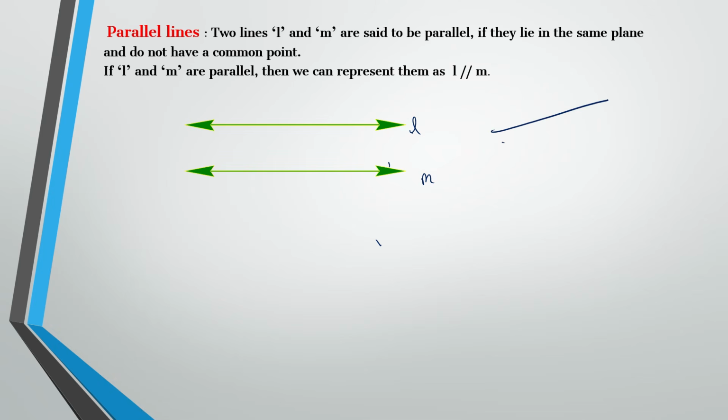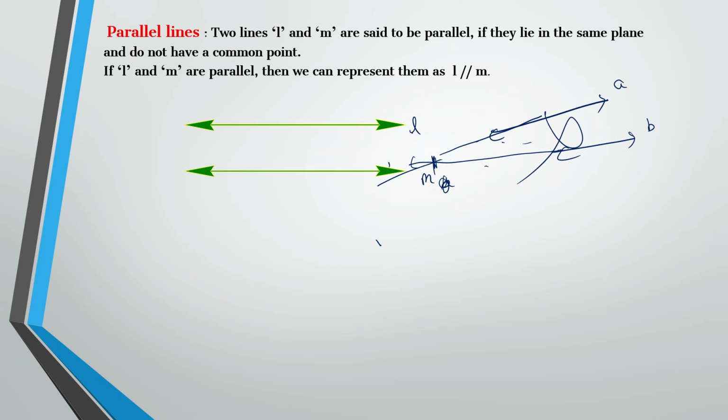And if you imagine this is a line small a and this is a line small b, these two lines also have no point in common. Can I say these two lines are parallel? No, because a line extends endlessly in all directions. If I extend line a and line b, they may meet at some point. So we cannot say these two lines are parallel.